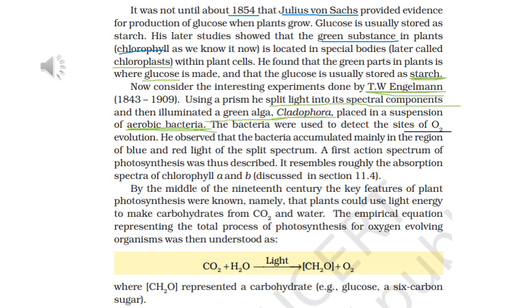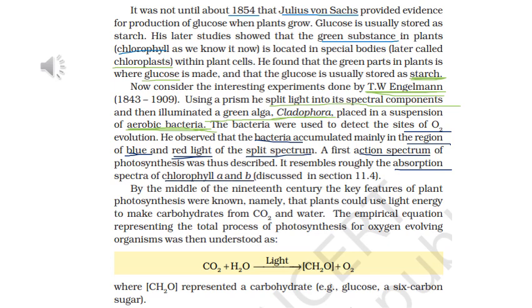He observed that the bacteria accumulated mainly in the region of blue and red light of the split spectrum. A first action spectrum of photosynthesis was thus described. It resembles roughly the absorption spectra of chlorophyll a and b.